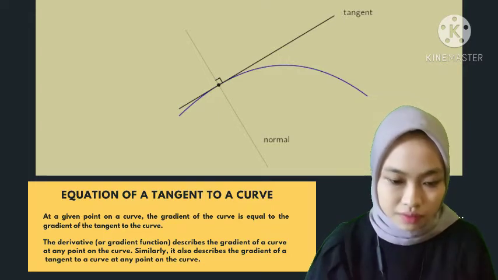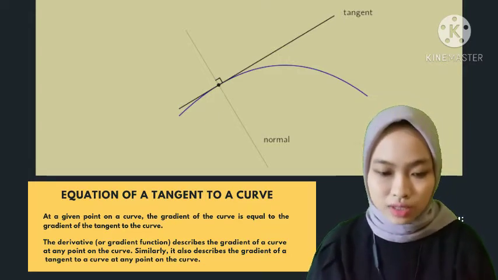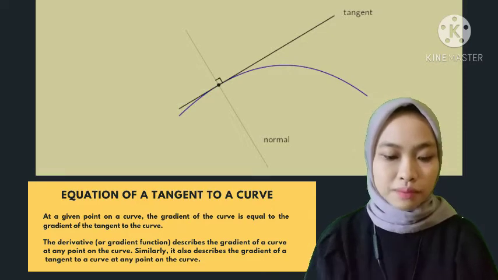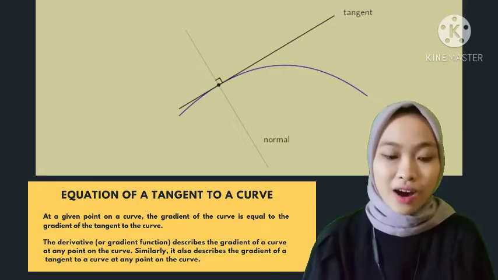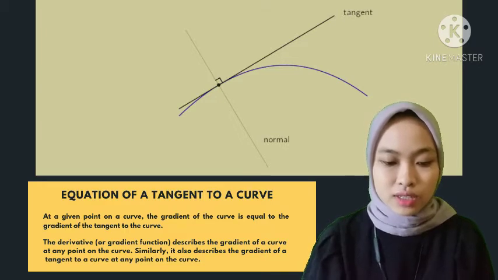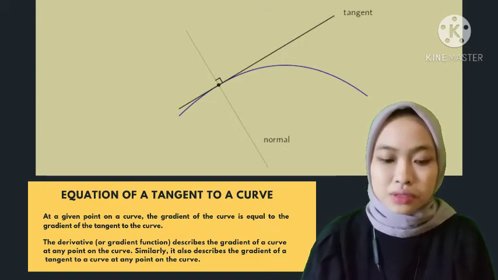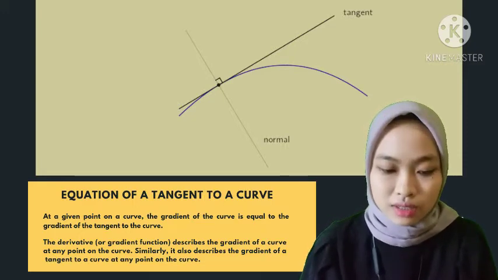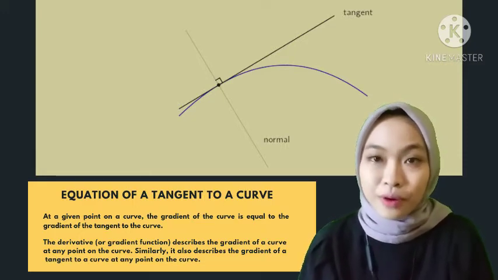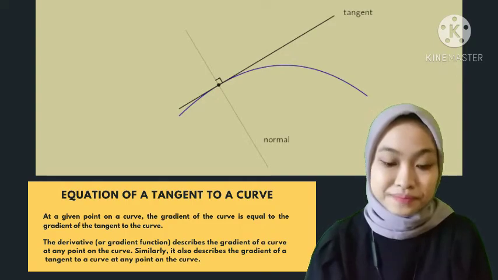And the derivative, or gradient function, describes the gradient of a curve at any point on the curve. So similarly, it also describes the gradient of a tangent to a curve at any point on the curve.